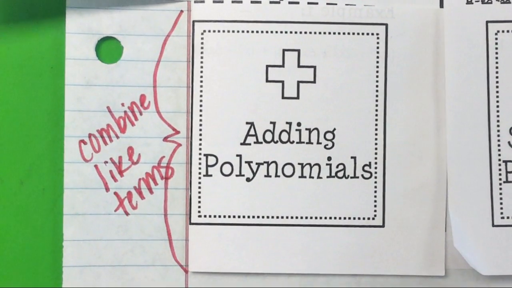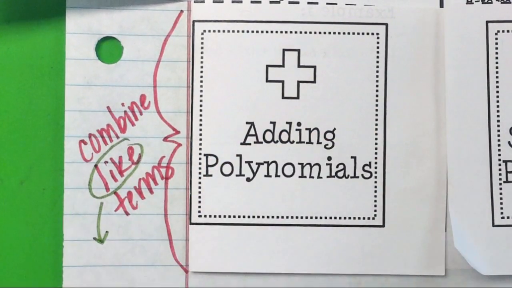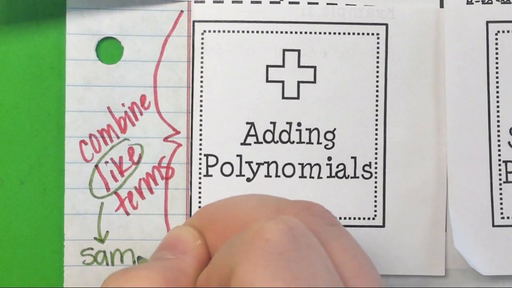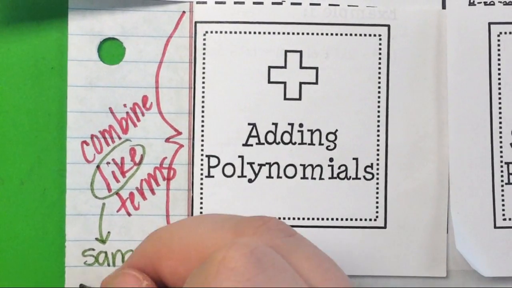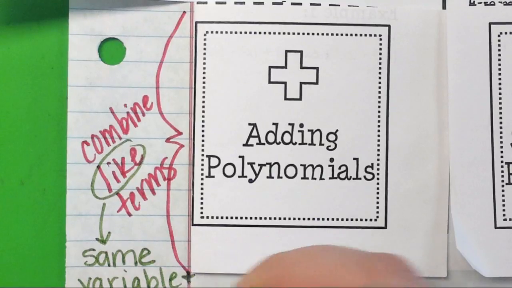And I say we're on the same page, but what exactly does like mean? Same what? If we're like terms, what do we have in common? Same variable and same exponent.